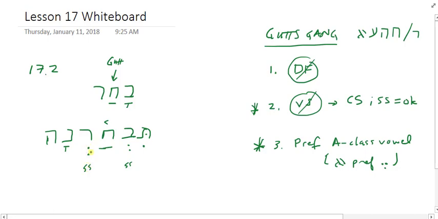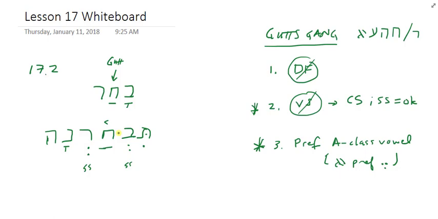And my point is, this shewa is still going to be silent. So whether the vowel to the right is long or short doesn't matter. If it's stressed and I have the shewa after it, then it's going to be a silent shewa, okay? So tivcharnah is they, women, will choose. Okay? So that's the guttural in root 2 position problem.